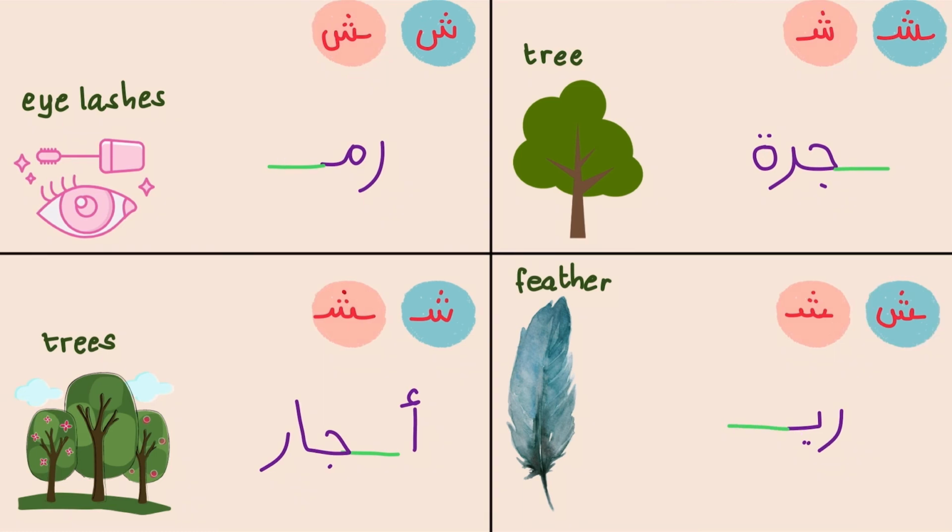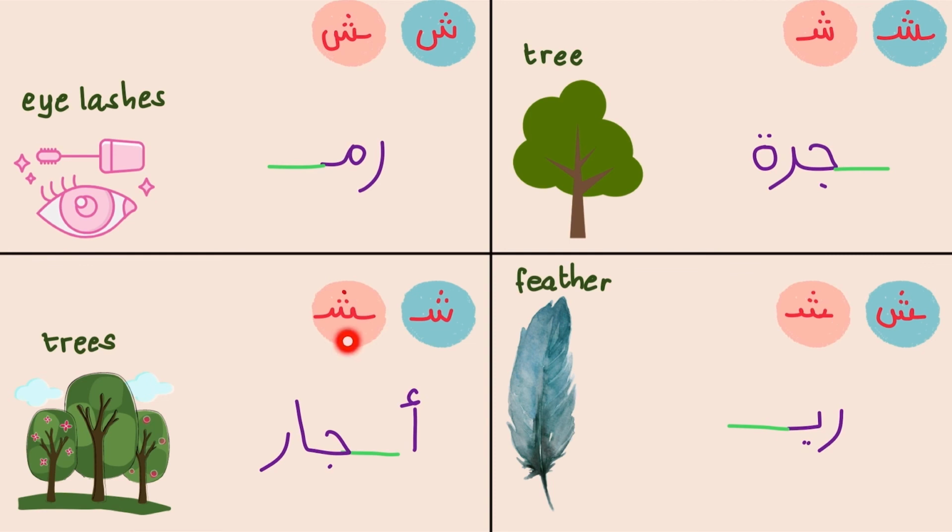Last question. Trees in Arabic is ashjar. So tree is shajara and trees is ashjar. So now we have a missing Sheen in the middle. Can you think which Sheen we will use? This one or this one?